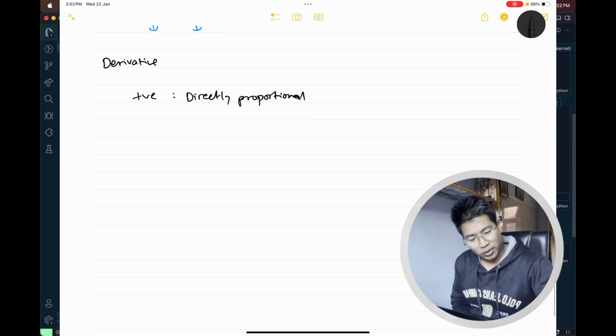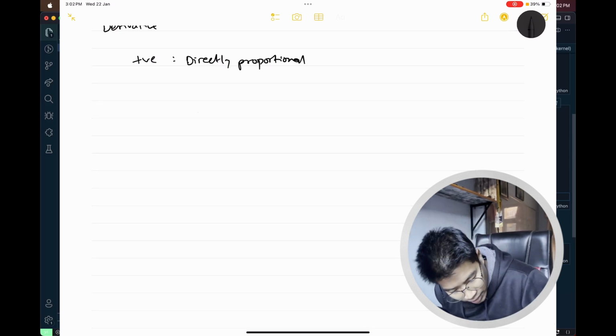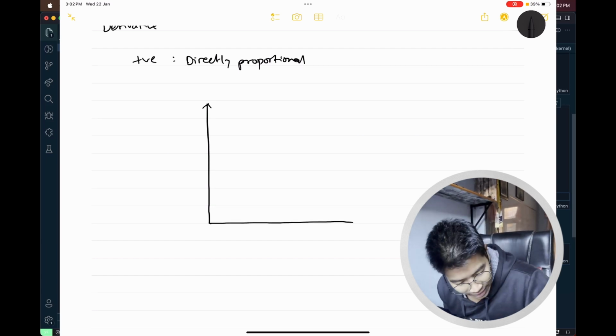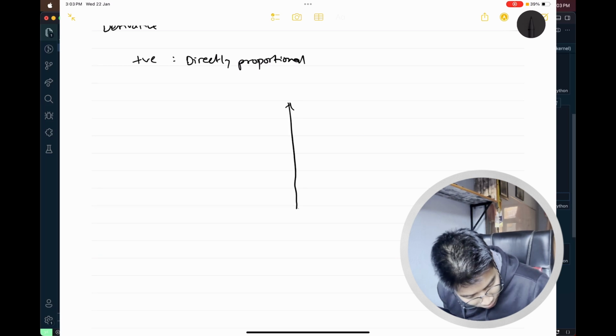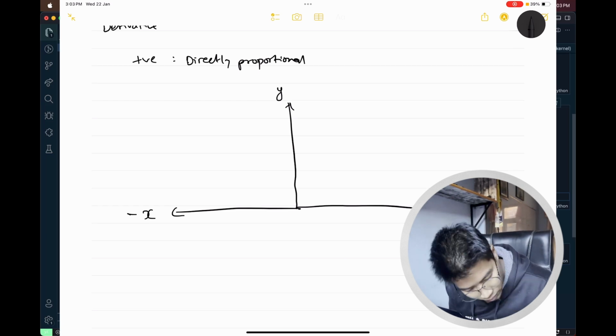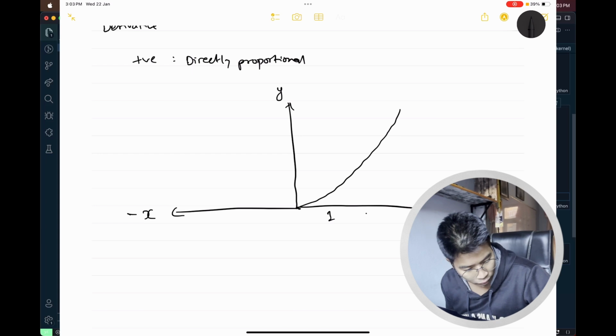Now let's look at another case, for the derivative being inversely proportional. Let's look at the same graph and I will show you how interesting this is. So if we look at the same graph, this is negative x, this is x, this is y. This was the case for my x being 1 and 2.